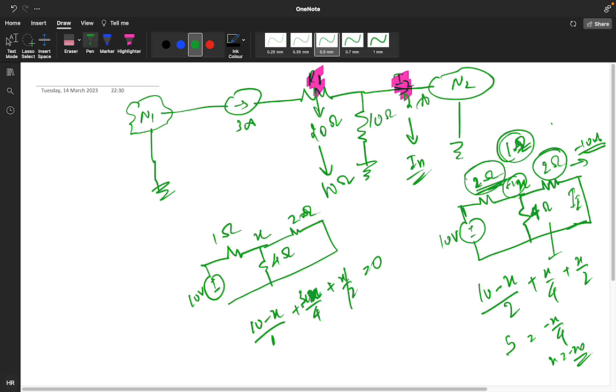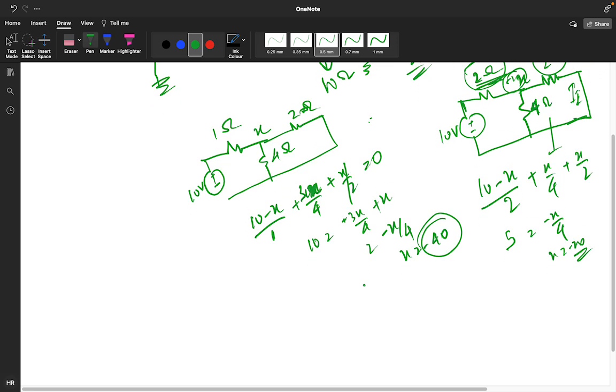So this will be 3x by 4. So 10 equals minus 3x by 4 minus x plus x. So what will you get? Minus x by 4, so x value you are getting is minus 40. Minus 40 divided by 2.